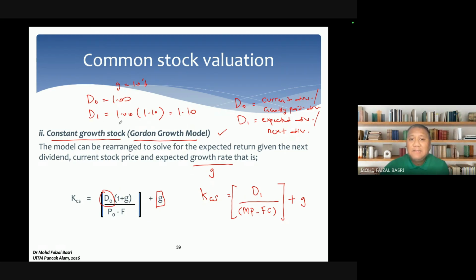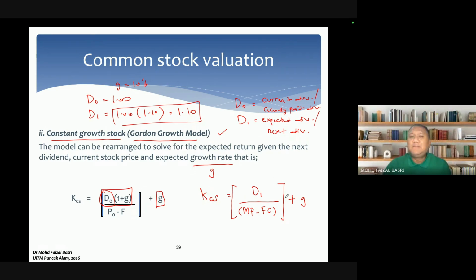So you kena expand it like this untuk cari D1 dia. So that's why you might have to use this formula kalau dia D0 ataupun D kosong tu. So that's the main difference lah. That's the thing that you have to be careful. Read the question carefully and then extract the information accordingly, ikut information yang diberi lah.